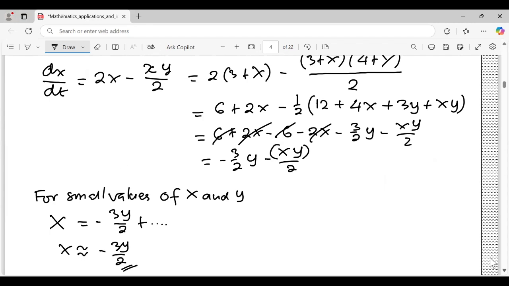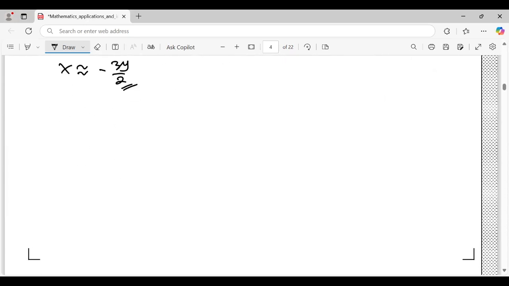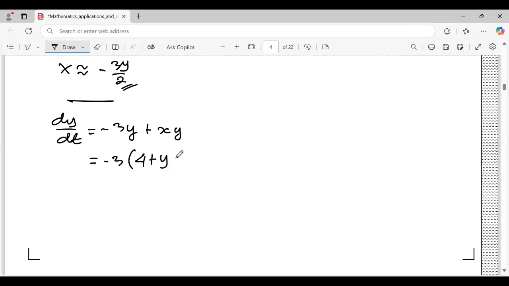And after that, substitute x equals 3 plus x and y equals 4 plus y into dy/dt. dy/dt is minus 3y plus xy. This is going to be minus 3 times (4 plus y) plus (4 plus y) multiplied by (3 plus x).